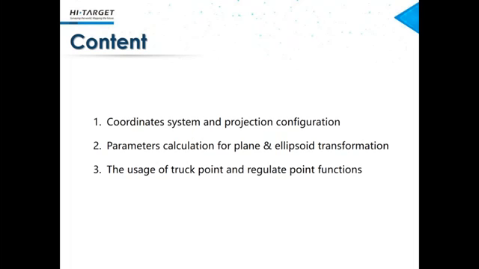So it is like localization in other software, such as Survey CE. And with this function, we can calculate parameters with 2 null points or 3 null points. The last part, we will talk about the usage of track points and the regulate point function.